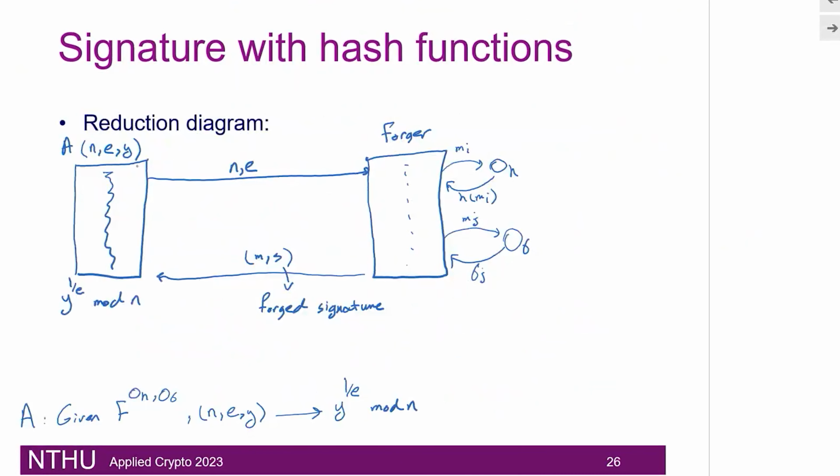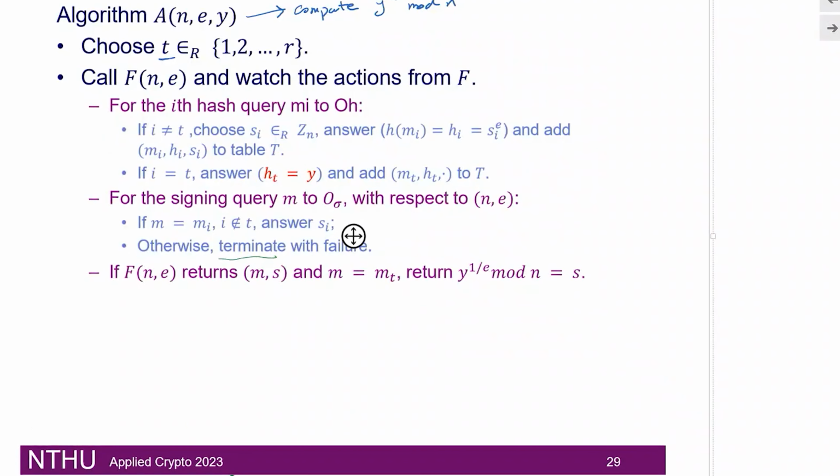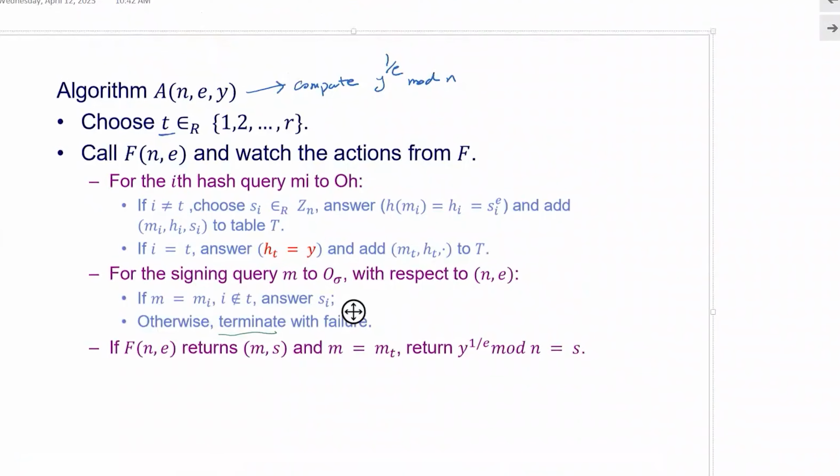Here, this is the A and this is the forger, and we don't care how the forger works. As soon as the forger provides a valid forged signature, then we can use this answer to solve our RSA problem that we care about, right? So it doesn't really matter how F is breaking the system.